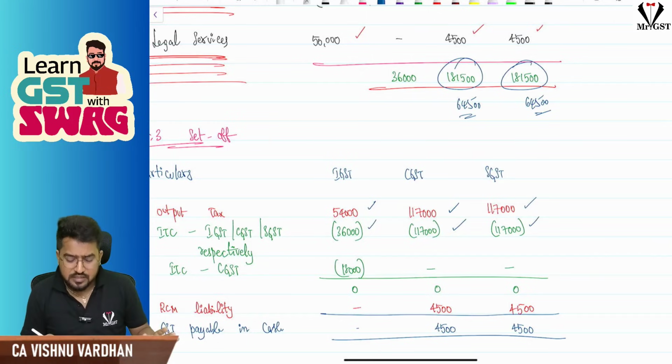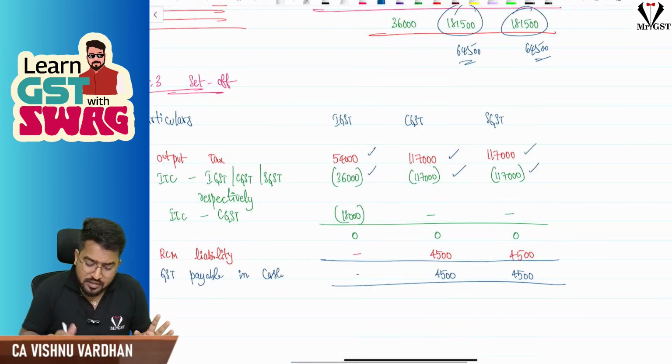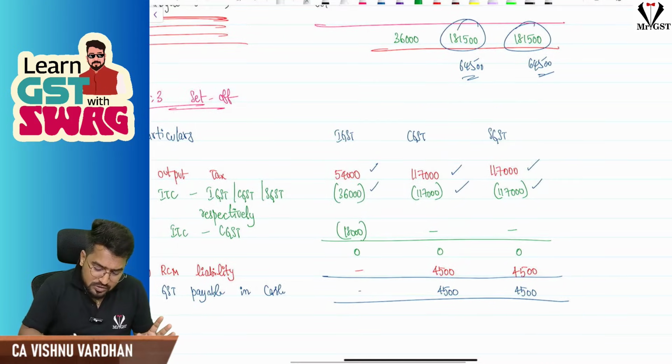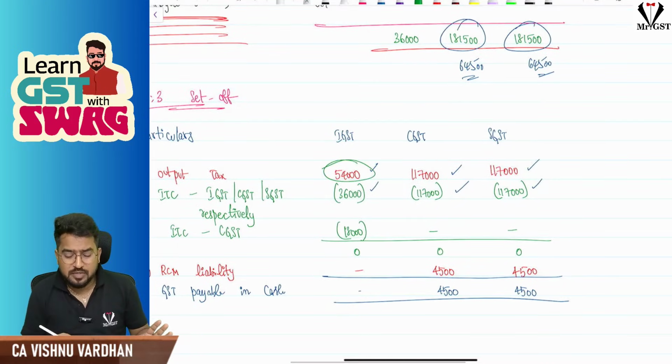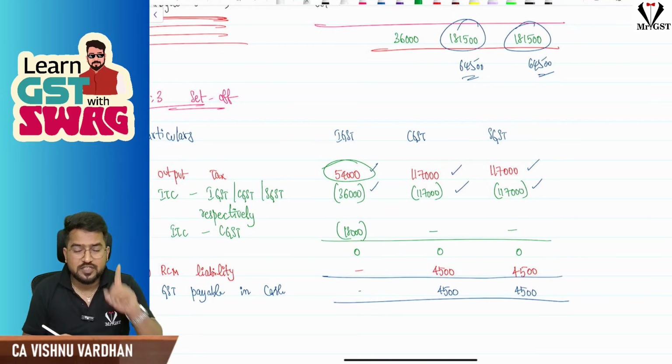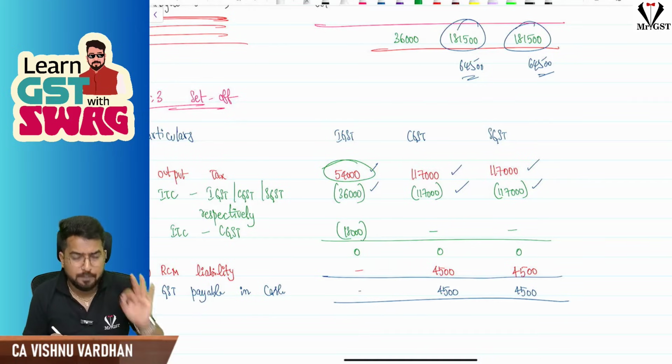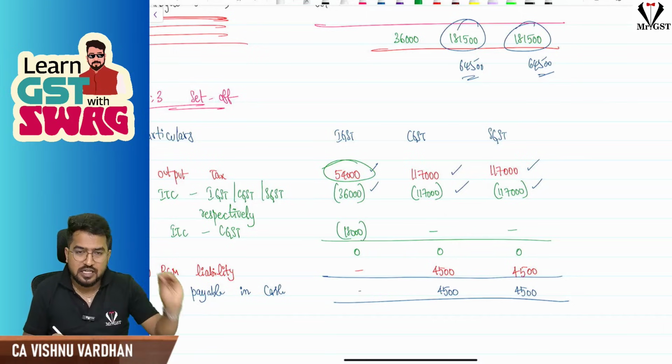Understand, an 18,000 liability of IGST will still be there. To help it, first the CGST ITC balance only is to be used. SGST ITC balance cannot be used for IGST payable if there is still balance in the CGST ITC account.